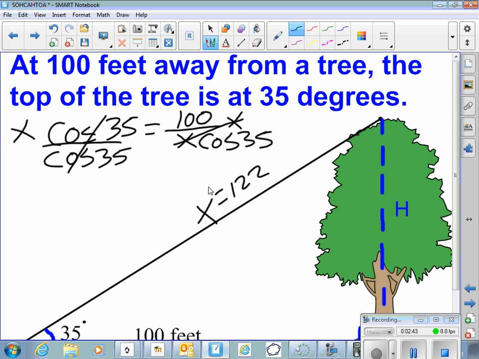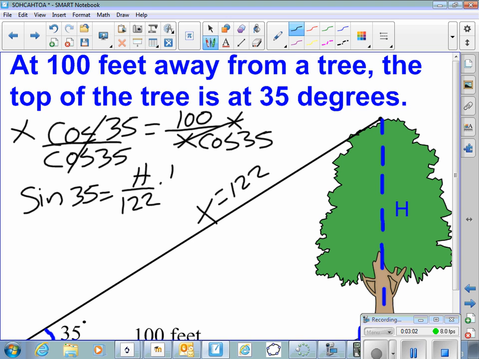Now we can use that same angle and we'll say that the sine of 35 equals the length of the side opposite over the length of the hypotenuse.